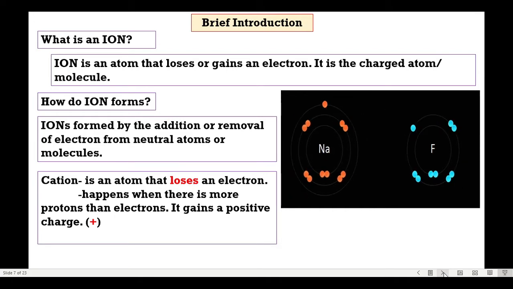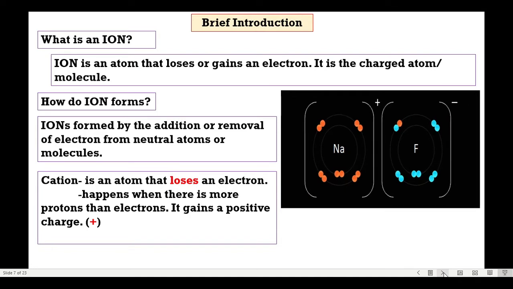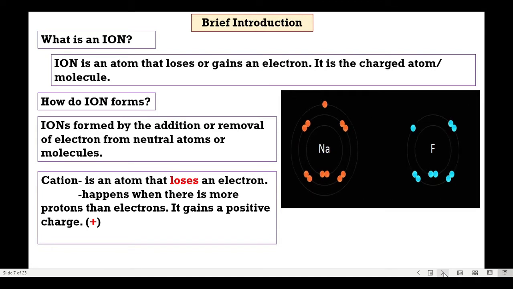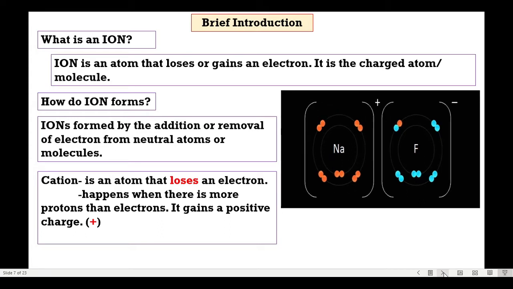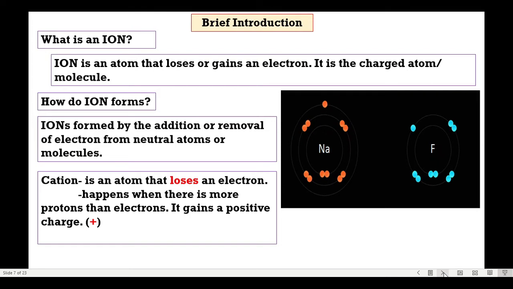So, cation daw kapag mas maraming proton kaysa sa electron. Remember, proton is a positive charge, therefore, it gains a positive charge. Ayan. So, ganun yung nangyari. So, cation ang tawag dun sa nilose ni sodium na electron.